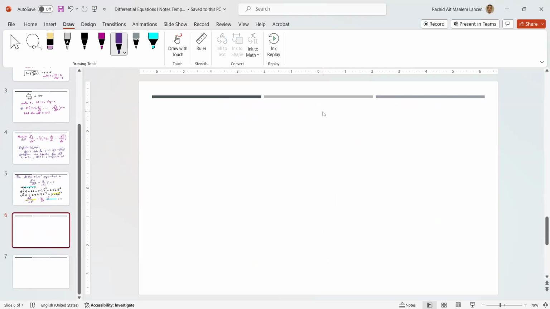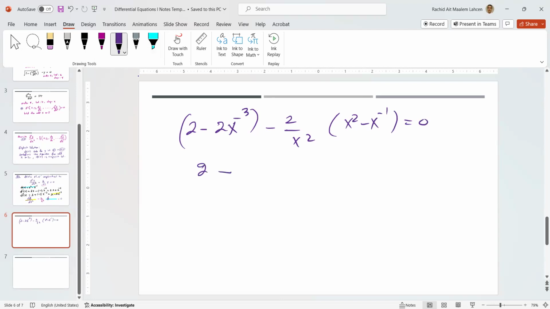So this leads to 2 minus 2x to the -3, minus 2 over x squared times x squared minus 1.